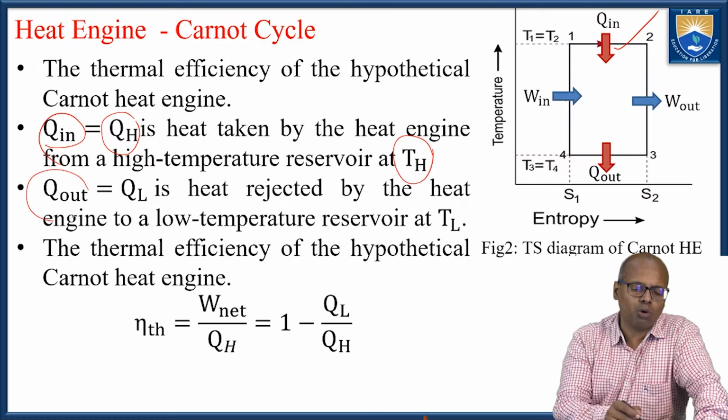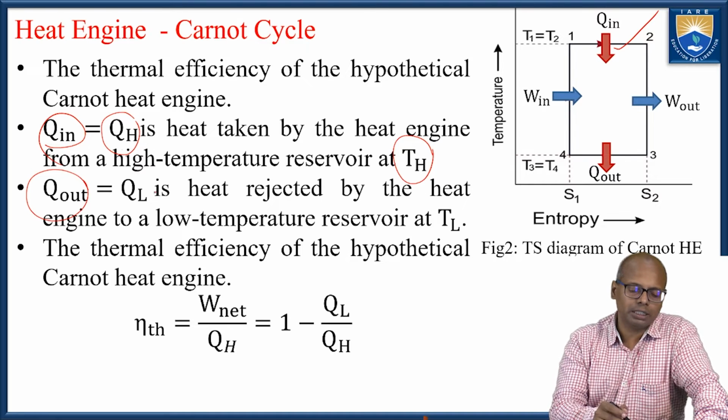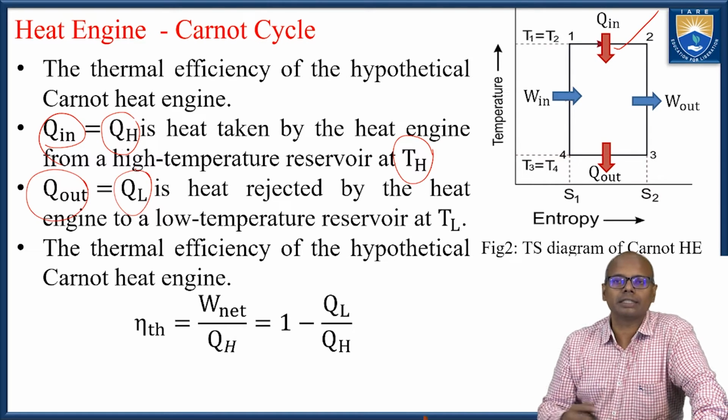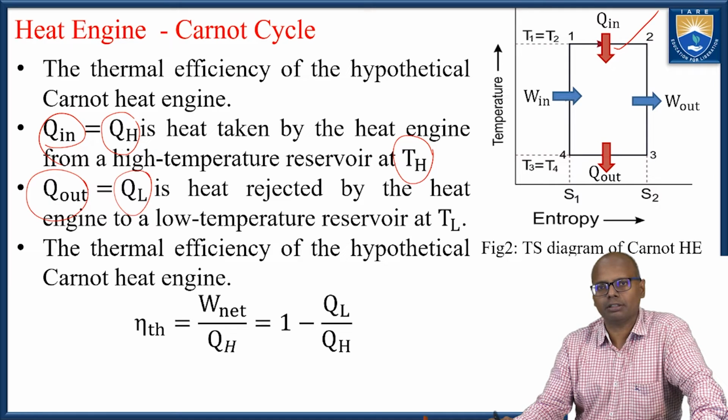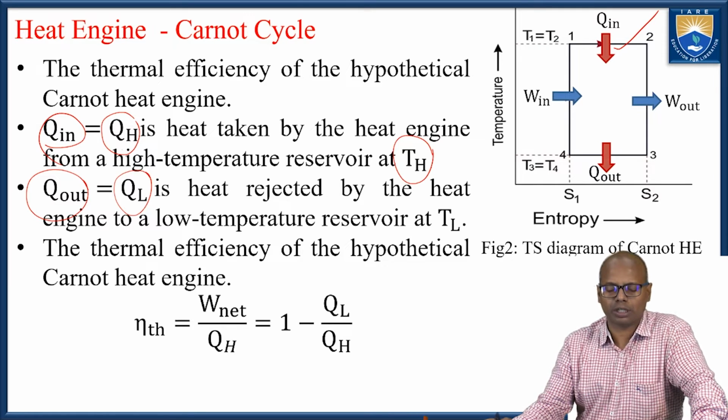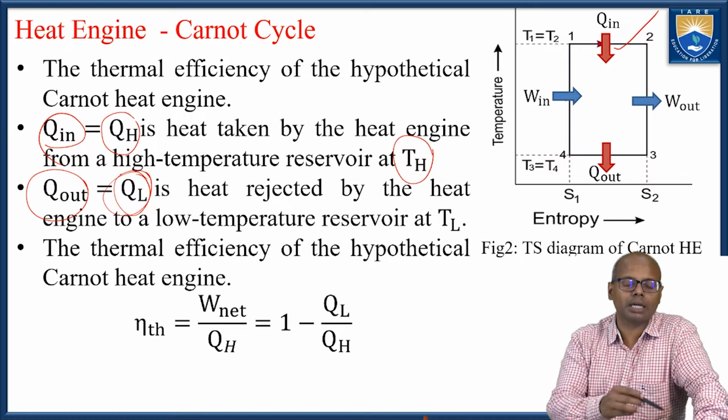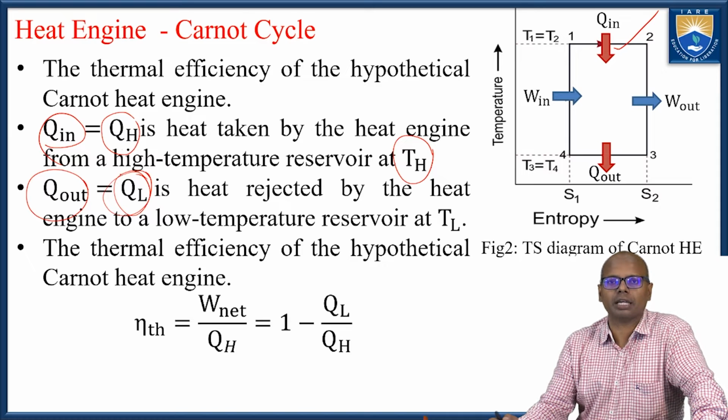Now Q out is the heat rejected by the heat engine to a low temperature reservoir. I am taking this as QL, heat given to the low temperature reservoir.